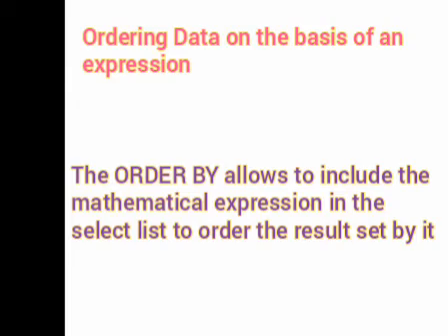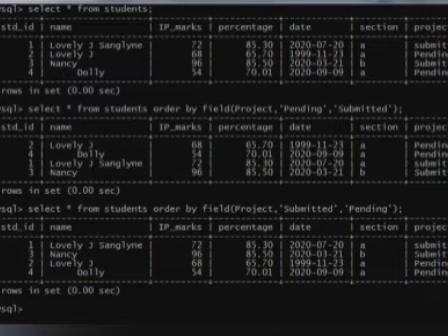So now let us have a look at how to order data on the basis of an expression. Considering the same table, that is the students table, now we will arrange the result sets on the basis of the calculated result of the IP marks.